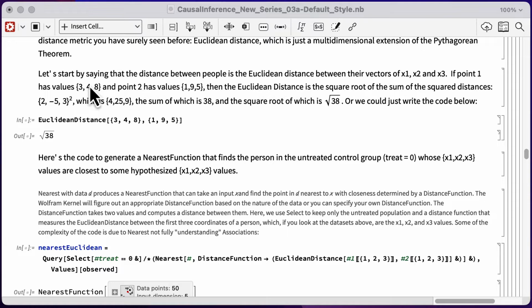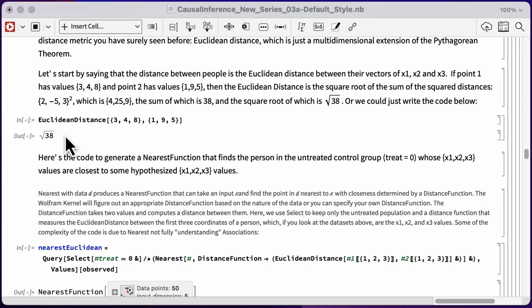You take the sum of the squares and take the square root. So if one point is (3, 4, 8) and another point is (1, 9, 5), then the differences between the coordinates are 2, -5, and 3. Then we square those, so we get 4, 25, and 9. We add them up and get 38, and then we take the square root of that. So the Euclidean distance between the two points is the square root of 38.